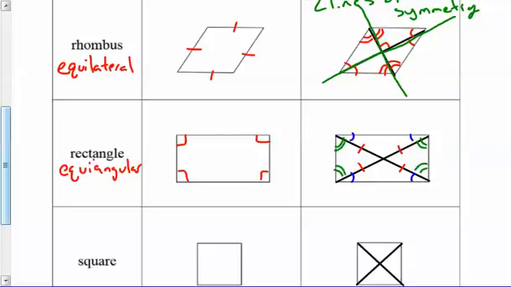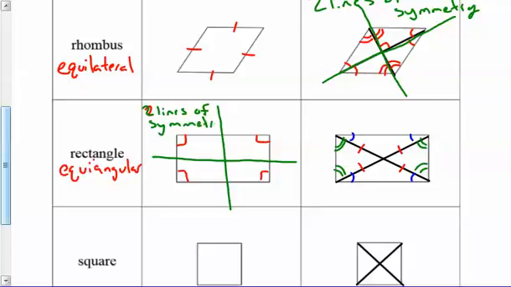So, you will have created two sets of isosceles triangles. Now, a rectangle has also two lines of symmetry. And it goes through the sides. Two lines of symmetry.